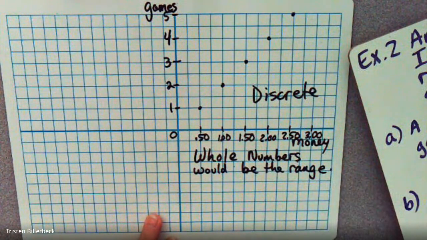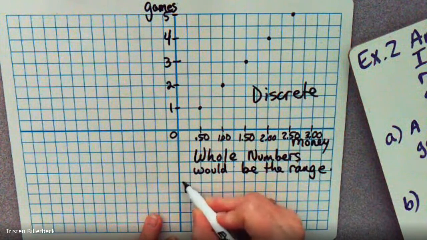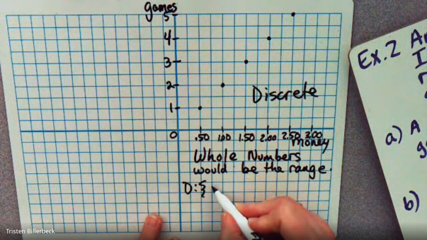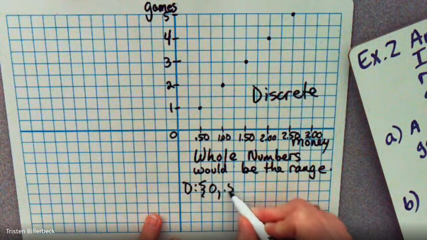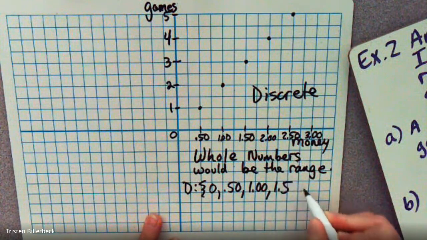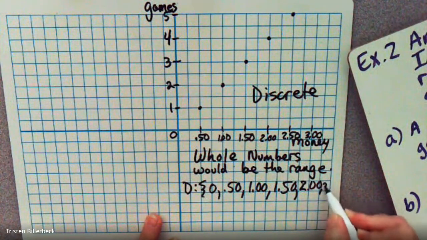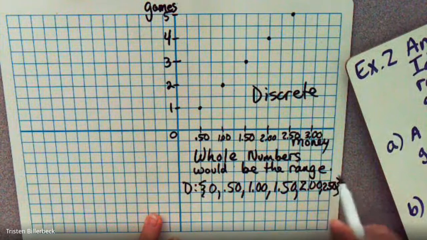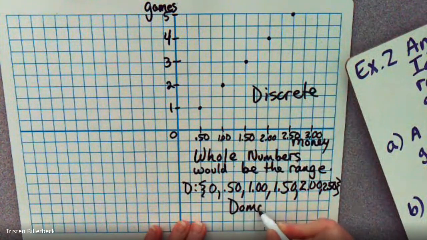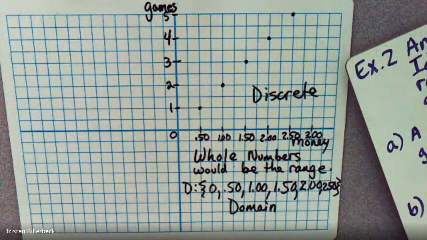The domain would be where we'd have 0, 0.50, $1, $1.50, $2, and $2.50. So that would be our plotted domain right here. It's going to be positive, but it's going to have to deal with the numbers. What do we input into that pinball machine?